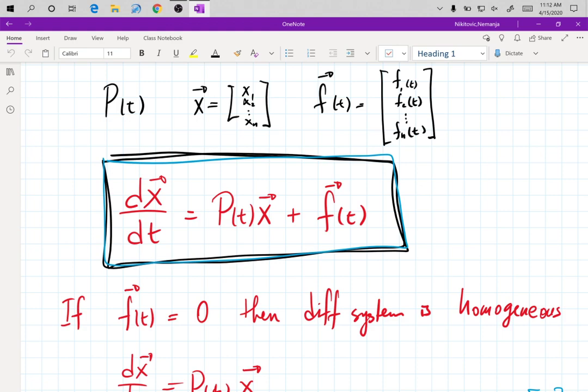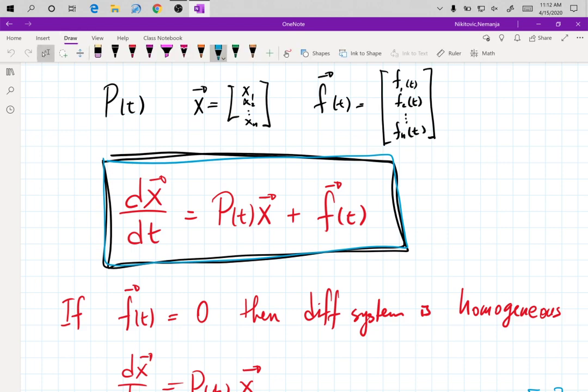So if last time it slipped, didn't make it clear, this is the matrix, and every other value here with the arrow was a vector.